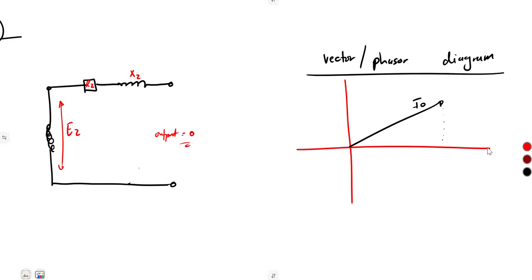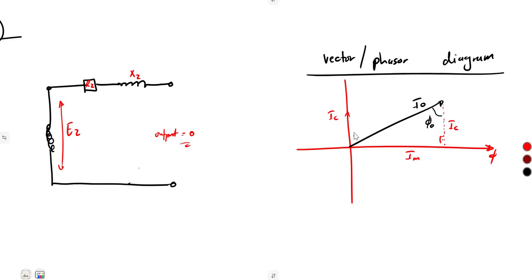So this will be our no load current, which is the phasor sum of two components, the magnetizing, where we have the flux, and this will be our magnetizing current component, IM, and this will be our IC. If we complete this triangle, we are going to see that this is our IC here, this is our IM, and we have the angle that represents no load, which is here.